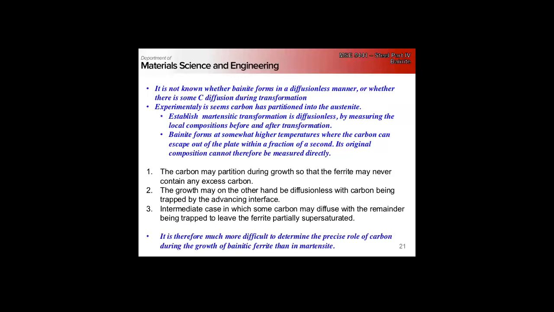So we don't really understand what the precise role of carbon is during the bainite transformation, right? We know exactly the role it plays during martensite because we know where it is. So people have been able to figure out what's going on there.